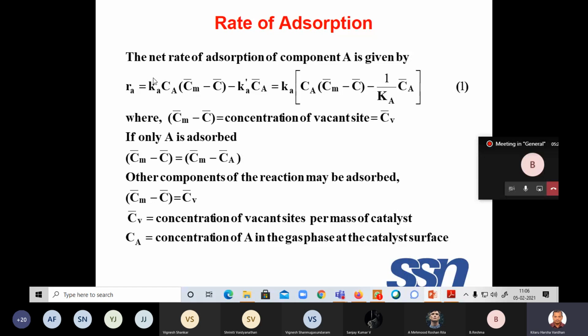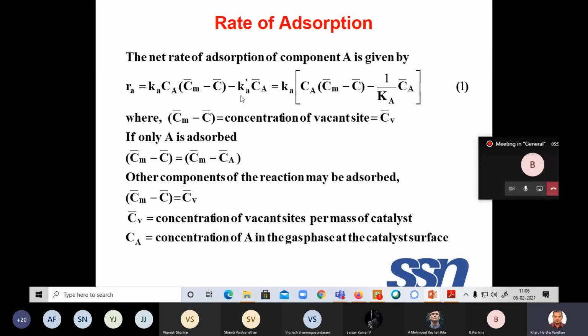This is the coefficient, that is constant, into Cm. This is for the adsorption. I am writing for a net rate. Net rate means how much is adsorbed minus how much is desorbed. This is the desorbed. Ka and Ka star are constants. Ka is for the forward reaction. Ka star is for the reverse reaction.